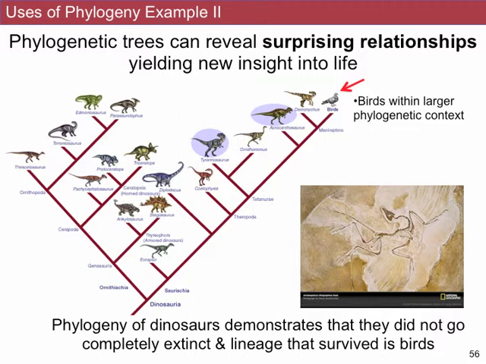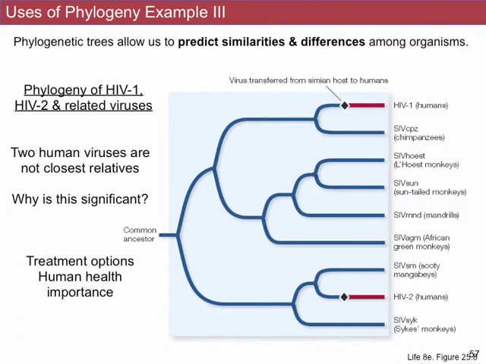So even though people say dinosaurs have all gone extinct, they really haven't. They are birds. So we will talk about what that means, why evolutionary biologists want to call birds basically a form of dinosaur, and why that's important to understand later in the class. Again, the phylogeny is what allows us to do that.